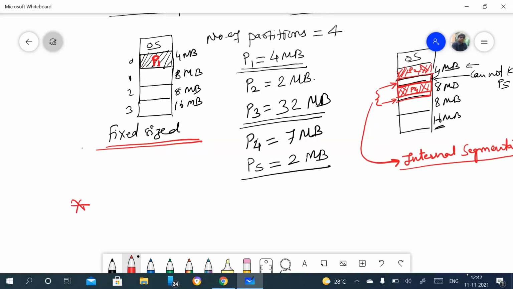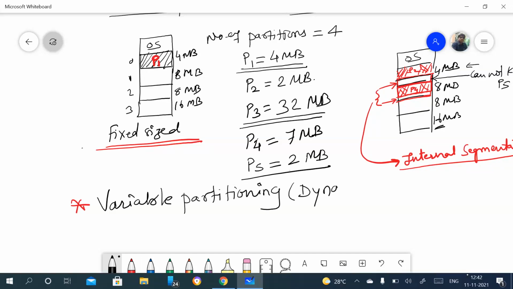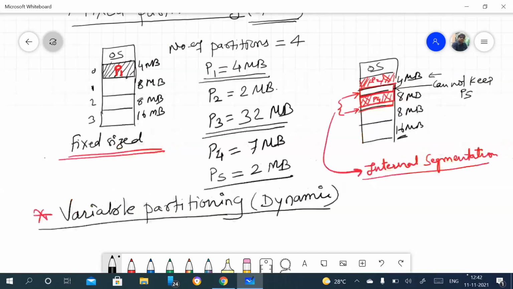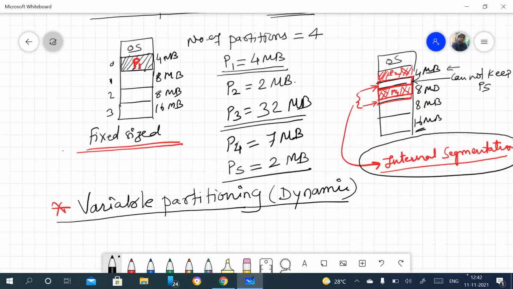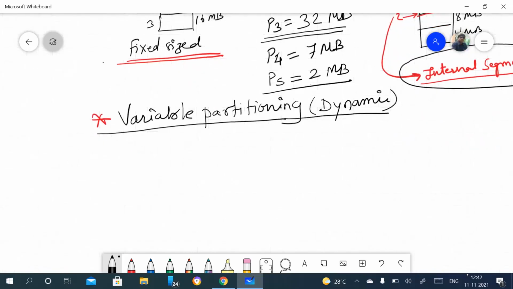But when we consider variable partitioning, it is also called dynamic. The main drawback of the fixed one is this internal fragmentation. Now, variable partitioning is the reverse of fixed partitioning. Dynamic means at runtime we decide everything, so at runtime we reserve memory for any process.